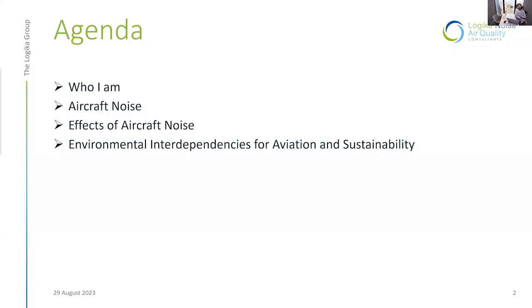Today I'll go through a bit of what I do for work as a noise consultant, an introduction to what aircraft noise is and its effects, and then the environmental interdependencies matrix for aviation and what it means in terms of sustainable development and sustainability generally.